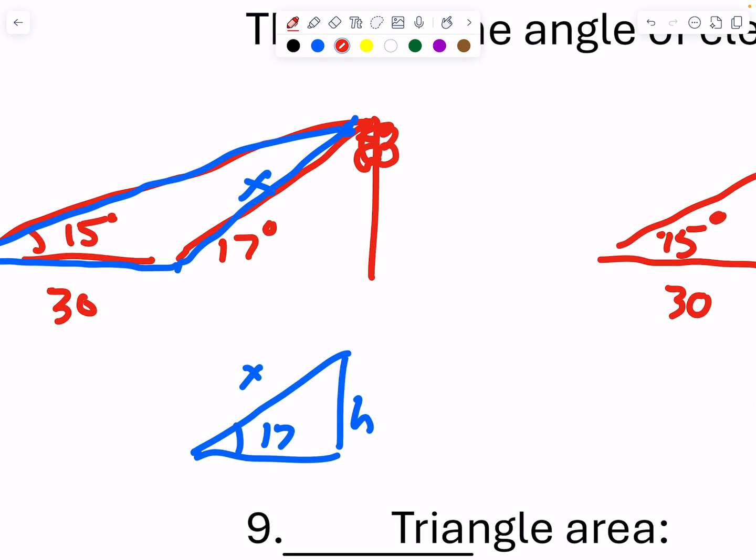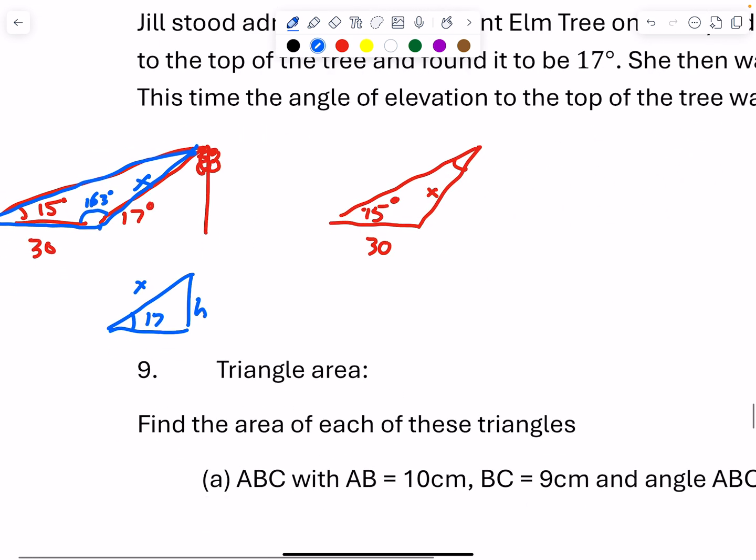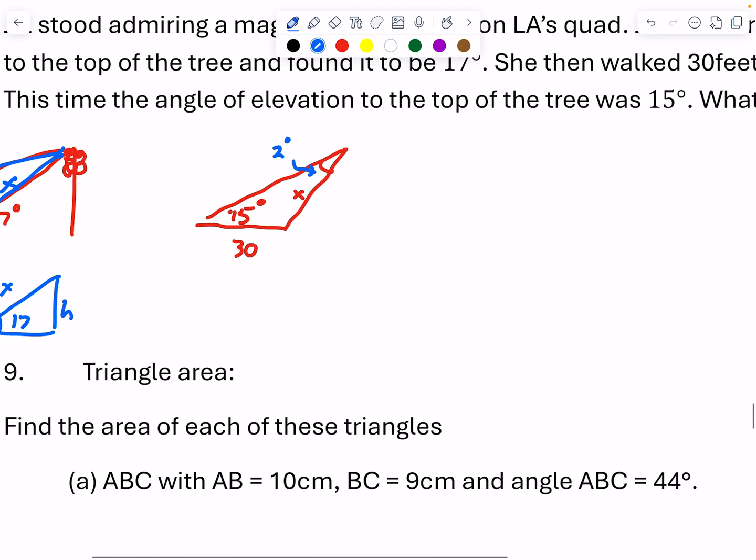If this is 17 degrees, then this on the inside is 180 minus 17 degrees, which is, sorry, 163. So I can figure out that this angle here is 2 degrees. All right, so we'll set up law of sines because we have two angles, and a side across from them.